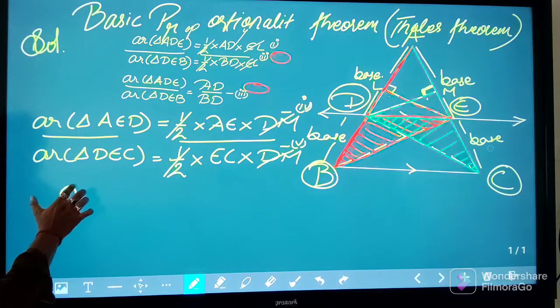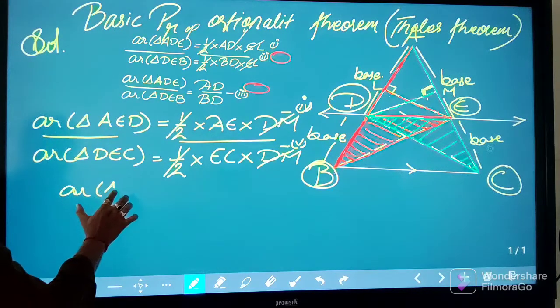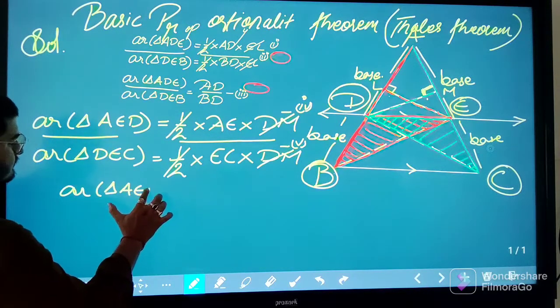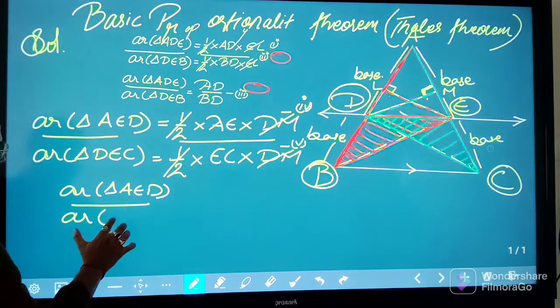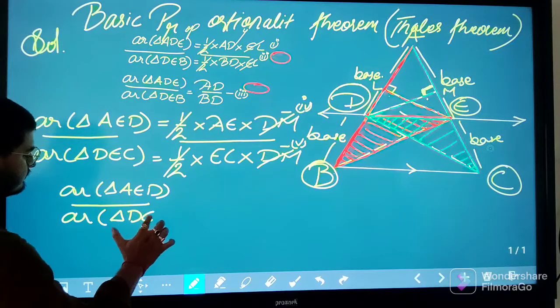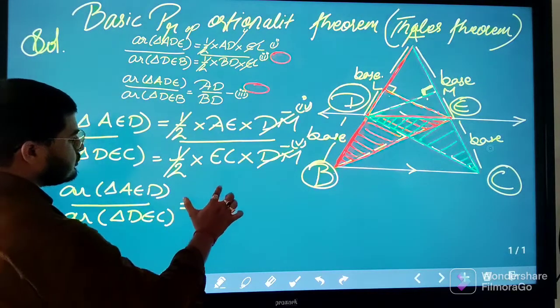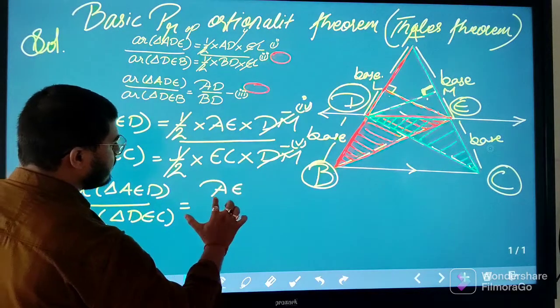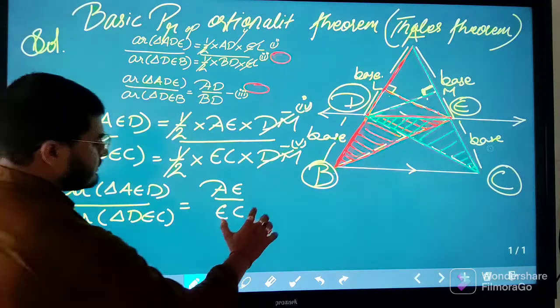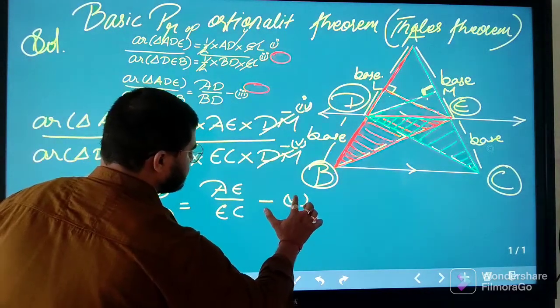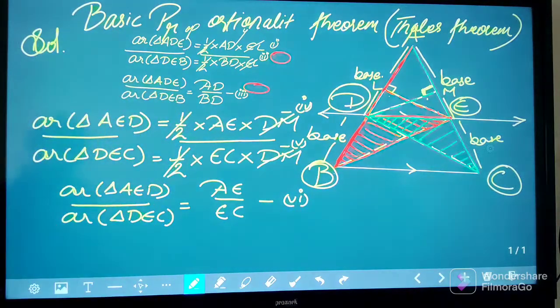So what we are left with is area of triangle AED upon area of triangle DEC is equals to AE upon EC. This we can say as result number 6.